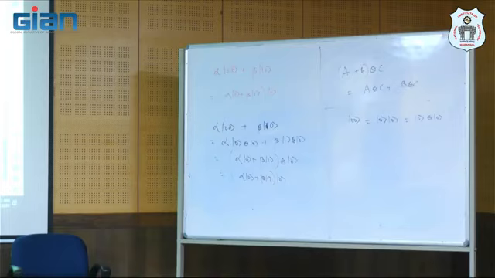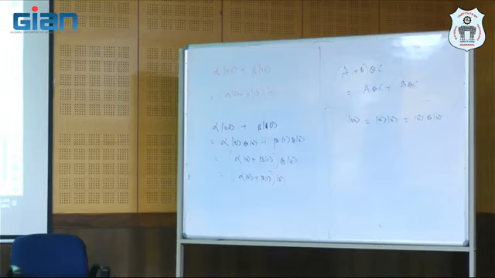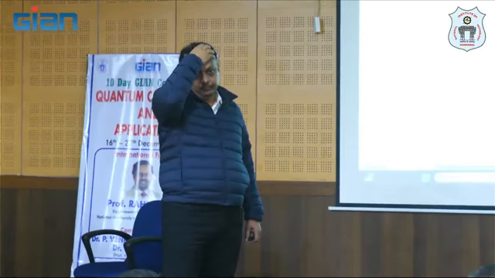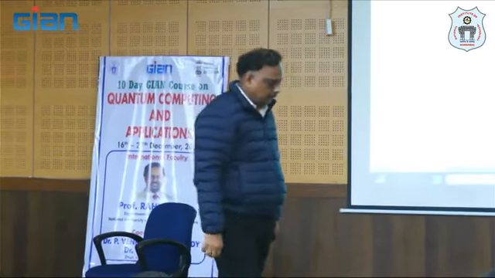Yes. For the 2-qubit state, if we have a C0 gate acting between the 2 qubits, will there be any change to the coefficients alpha beta of the second qubit after doing a partial measurement on the first qubit? Sorry, what are you saying? So there is a C0 gate acting between the first qubit and the second qubit.